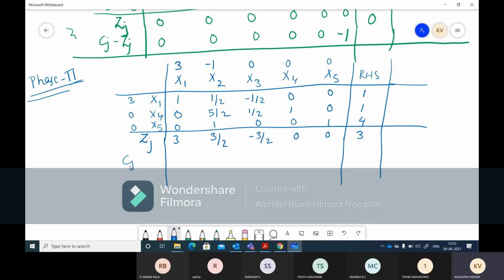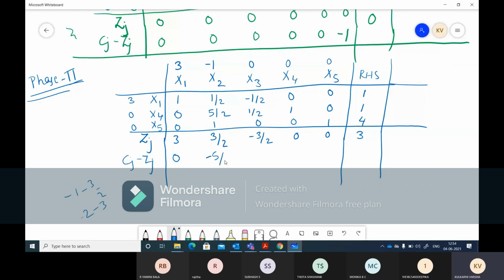Then you will go for Cj minus Zj. You will get 3 minus 3, 0. Minus 1 minus 3 by 2 is minus 2 minus 3, minus 5 by 2.